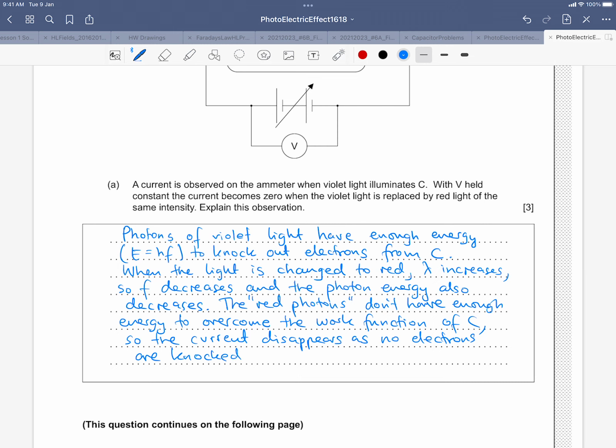Something along those lines. You can, of course, write this much better than I did right now, but these are the main points.